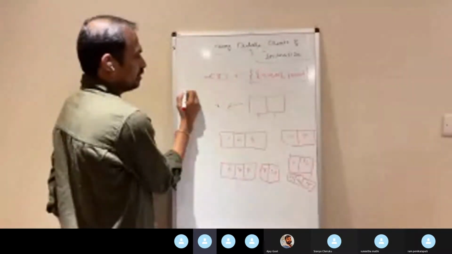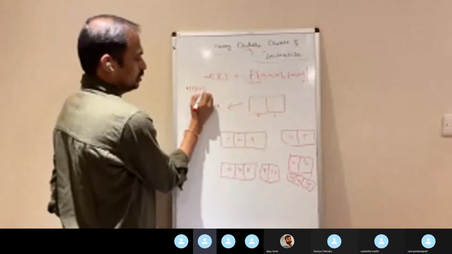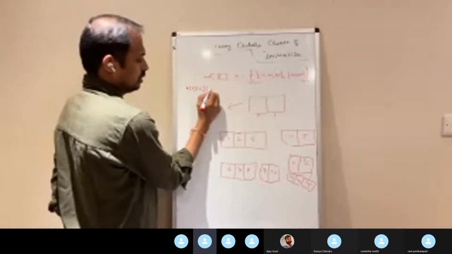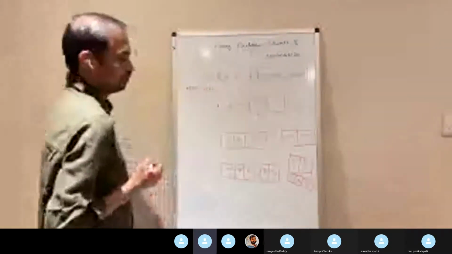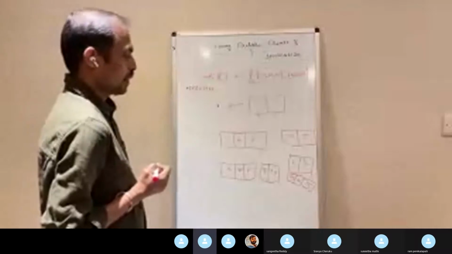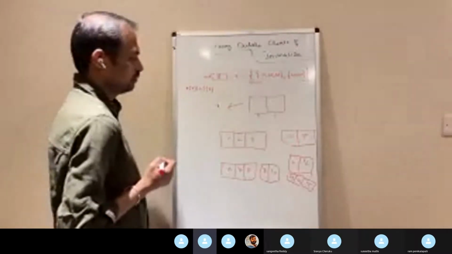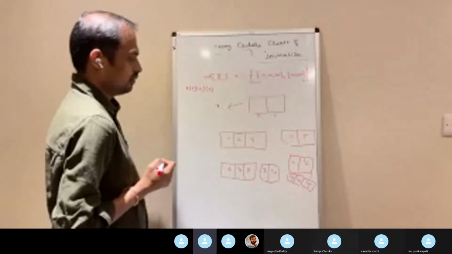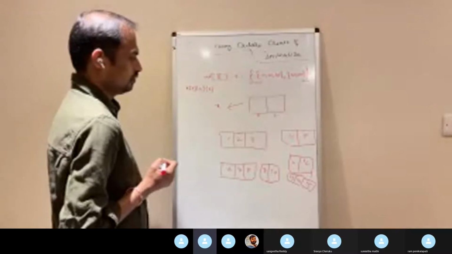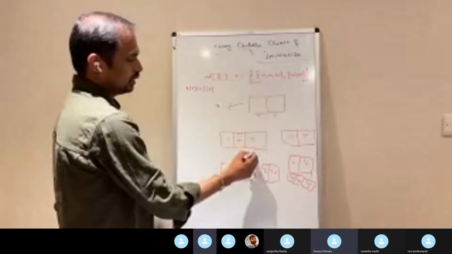Okay, what is the value of x of 0, 2, 2? 8. X of 0, what is the value of 2, 3?